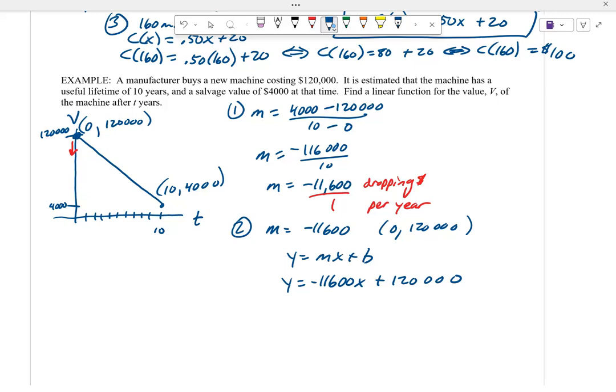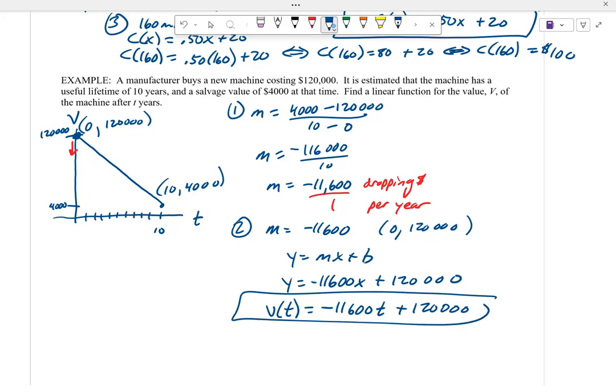Except we're supposed to be in t's and v's. The value of this after time t. So the value of it after time t. There you go. If you wanted to, you could find the value after 11 years, whatever, right? Or 5 years using that model.